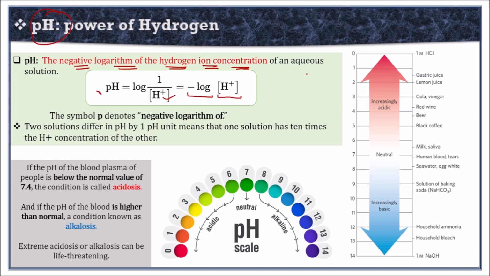If we consider that our solution has 10 to the power minus 4 molar of H plus ions, then we have to determine what the pH will be. pH is the negative log of H plus. If you know the concept of log, you can easily find out the pH, but if you don't, it will be difficult, but I will make it easy for you.